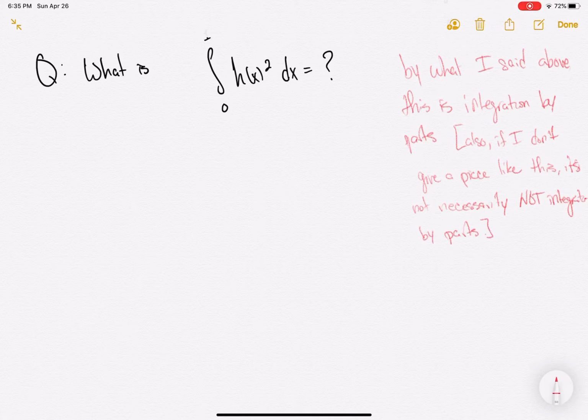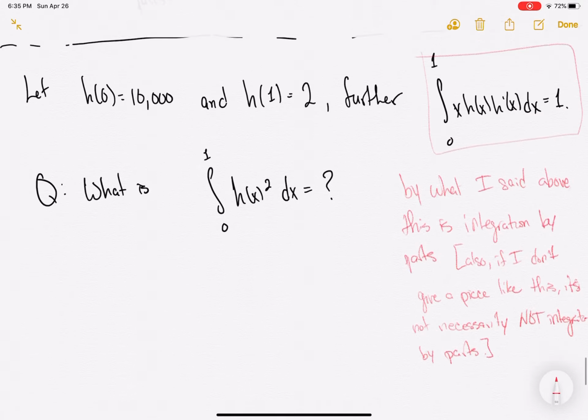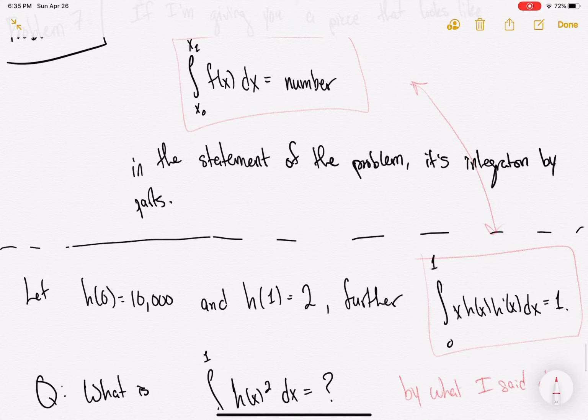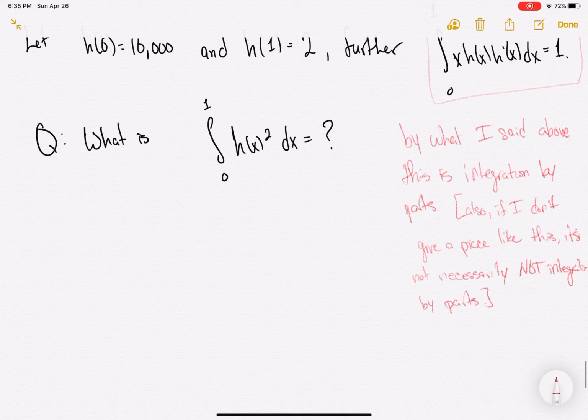Just because I haven't given you a piece like that doesn't mean it's not. But when you do see a piece like that, it for sure is.